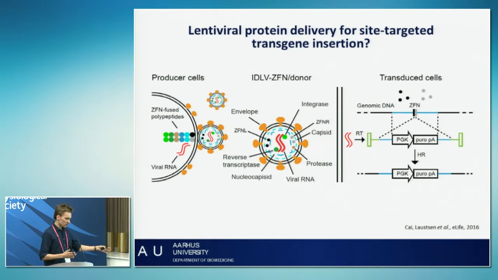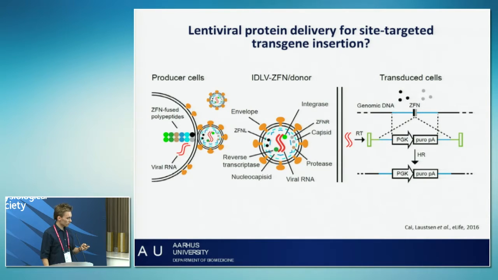So besides the EGFP donor, the mutated EGFP that we prepared before, we are of course also interested in delivering other donors by all-in-one protein transduction. For this, we turned to our all-time favorite, again, the PGK-puro cassette, and co-packaged this cassette flanked by homology arms together with zinc fingers.